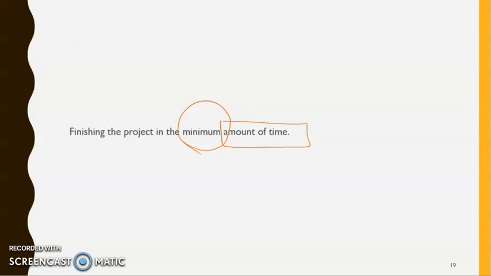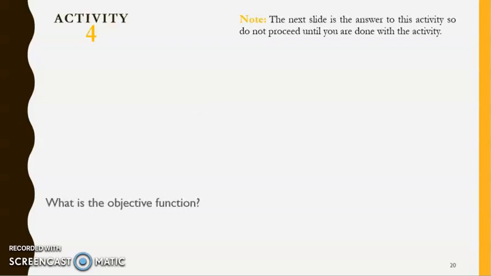In the next activity, it is asking you to write down the mathematical objective function. In fact, it is asking you to formalize the objective function. Remember, we have 9 decision variables. Each decision variable talks about the potential assignment of a project leader to a project, and there is a specific amount of time for it.